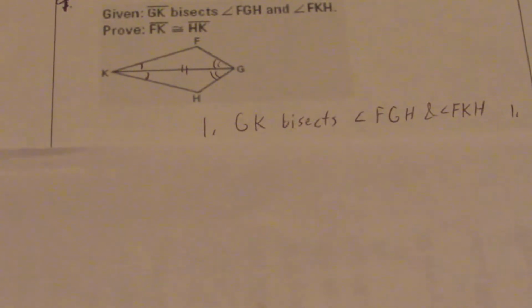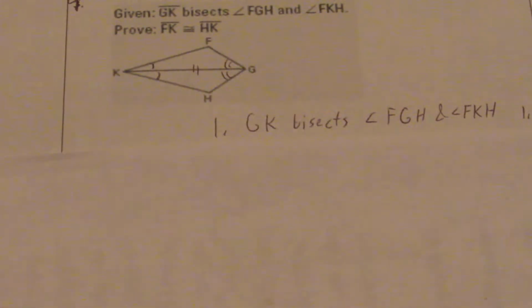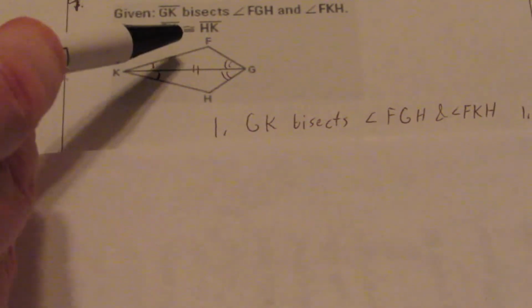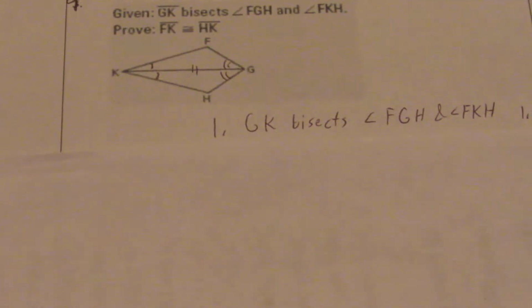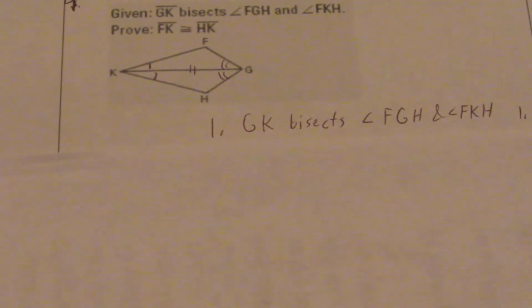So I start with my given. GK bisects these two angles. So FGH is this angle here. FKH is the angle on the other side.